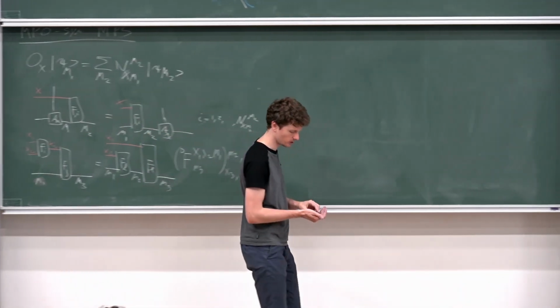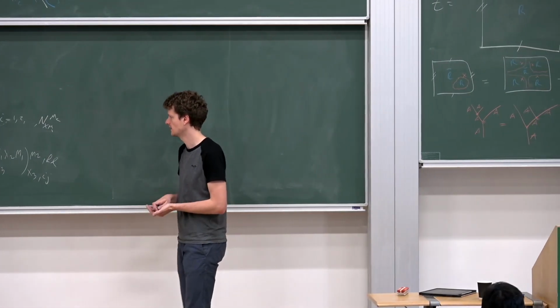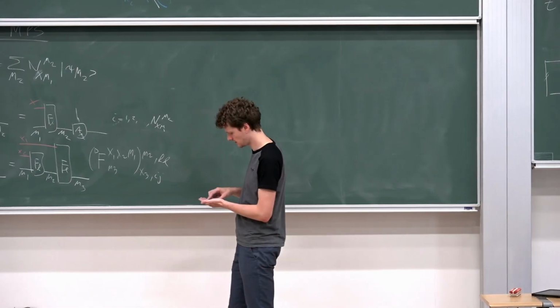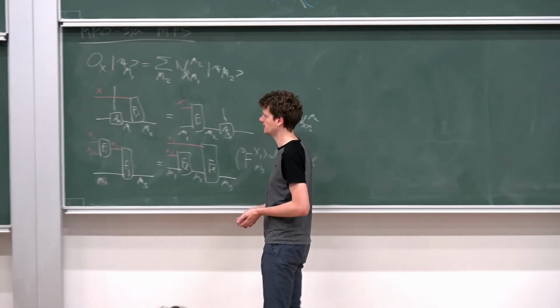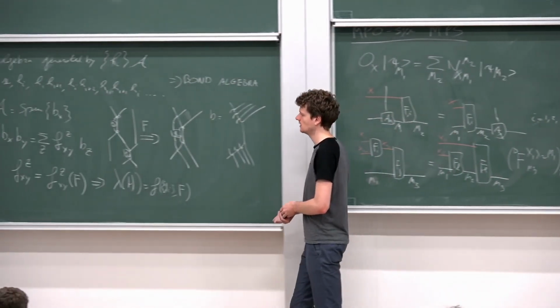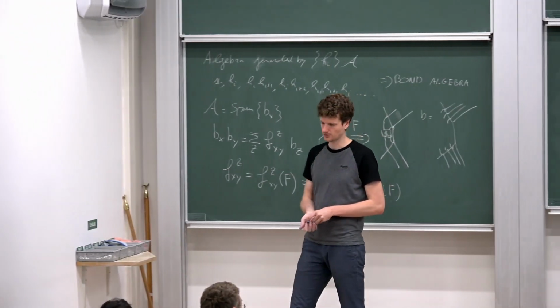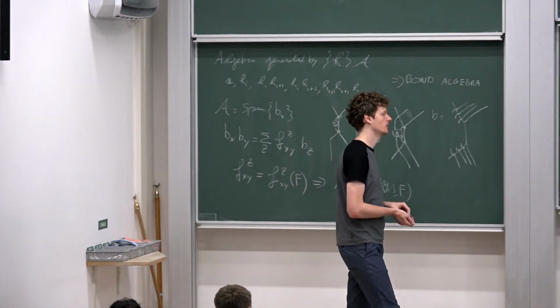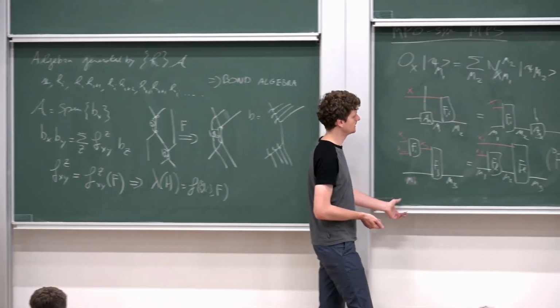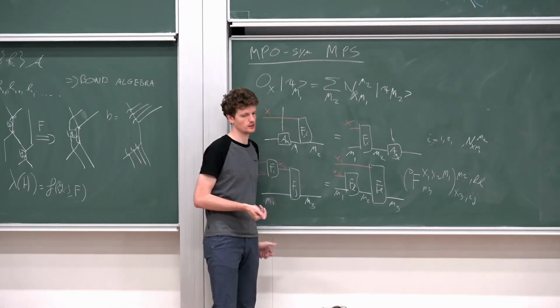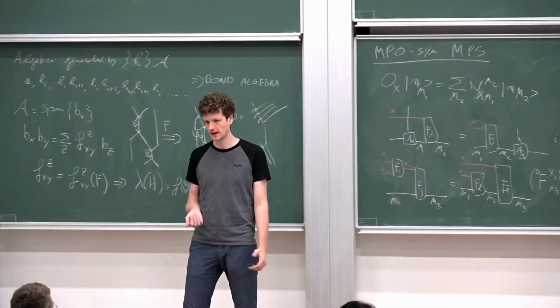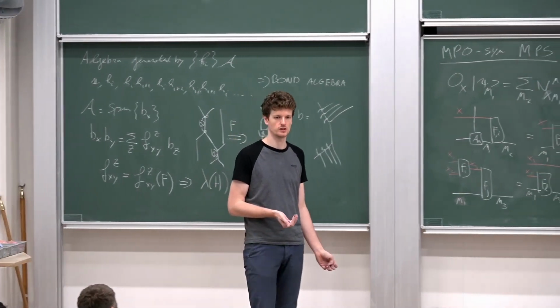This is a module associator, so for this whole thing to be consistent, it has to satisfy a pentagon equation. And so what I've basically derived here is that gapped phases for a fusion category symmetric Hamiltonian are labeled by module categories over that fusion category.